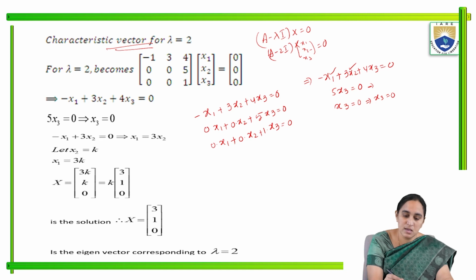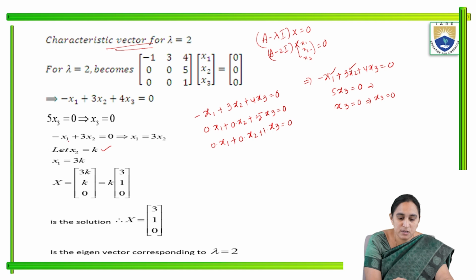I am assuming x2 is k and, from the equation minus x1 plus 3x2 after substituting x3 as 0, x1 is equal to 3x2. If x2 is taken as k, then x1 is equal to 3k. That means x1 is equal to 3k and x2 is equal to k, and from solving the equations we get directly x3 is equal to 0.